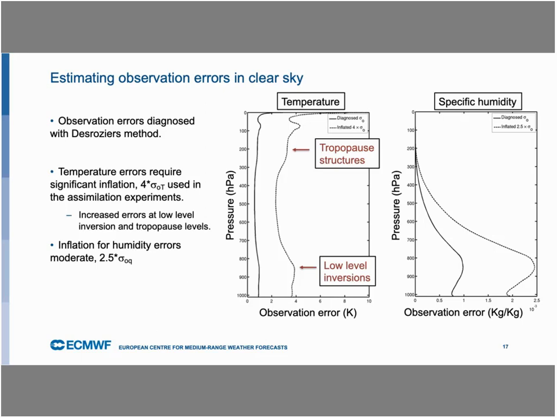For humidity, the error inflation is more moderate, so we have been using a factor of 2.5 for the humidity error inflation. And yes, defining these inflating factors is testing and trial and error. So what inflation factor brings the best result has been chosen from a set of experiments.